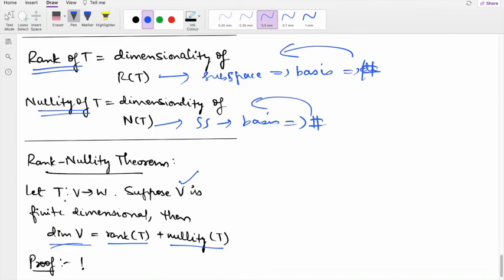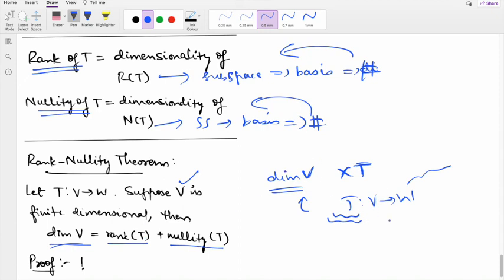But if you have a linear transformation from V to W, or some vector space, and you can find the rank and nullity of this T, that will add up to the dimension of V. This is true only when V is finite dimensional.